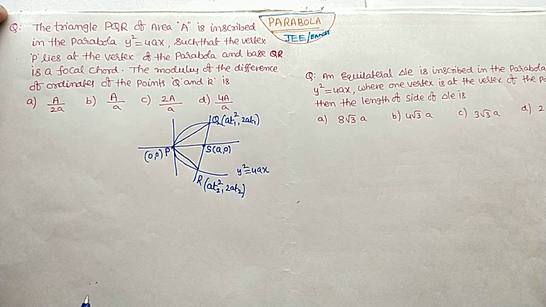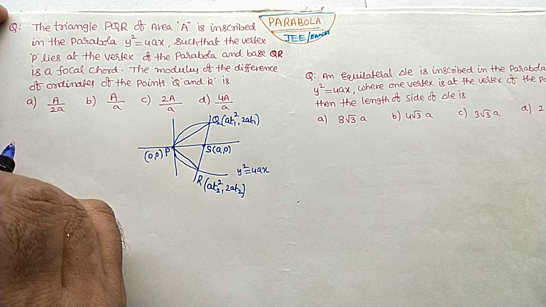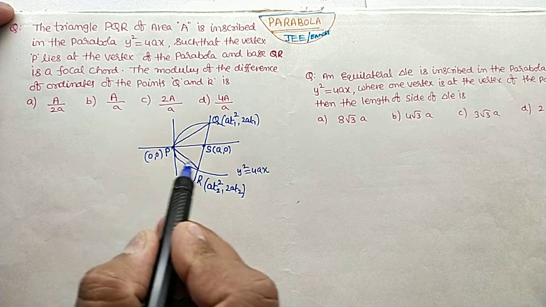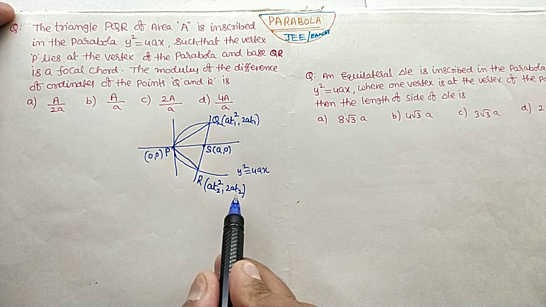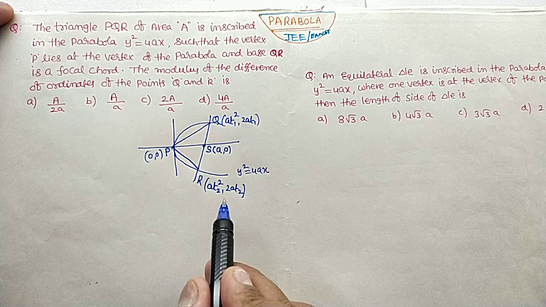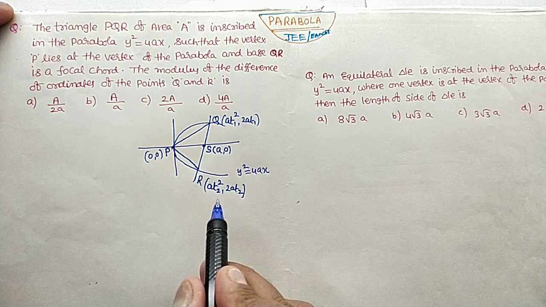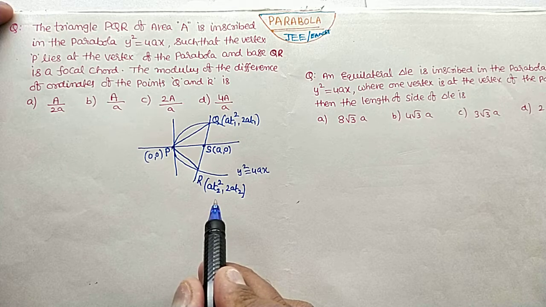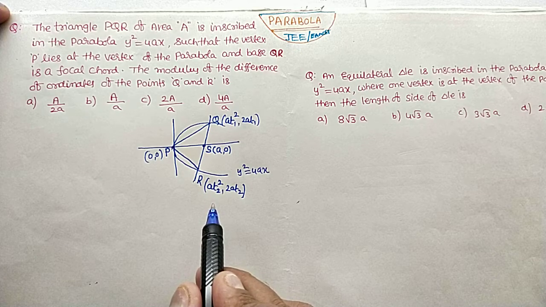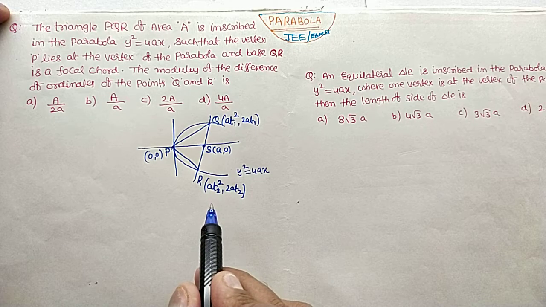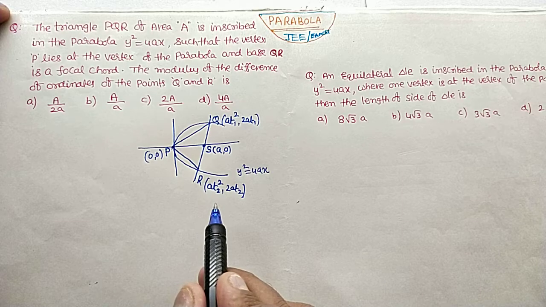So now the area of the triangle whose vertices are 0, 0, at1 square, 2at1 and at2 square, 2at2. We know that the area of a triangle formed by three vertices, among which one vertex is the origin, is given by the formula A equal to half into x1 y2 minus x2 y1.